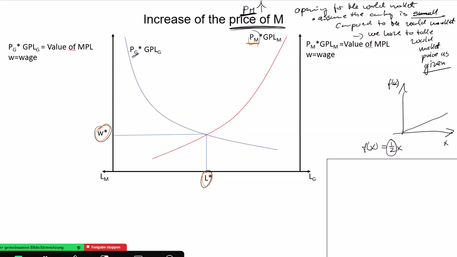How is this curve changing if we have a new function, let's say 2 times x? Yes, it is becoming steeper, it is moving upward.